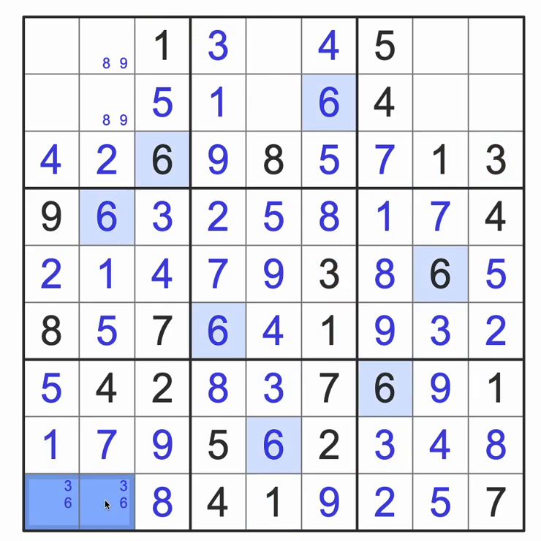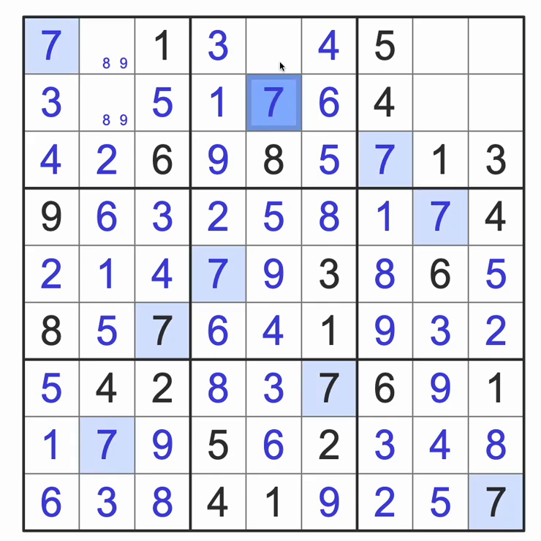These are 3 and 6, and 6 makes this cell 3, and gives me 6. These are 3 and 7, and here's 3, so this is 7, and this is 3. This 7 blocks this cell, gives me 7 here, leaves me with 2 for this cell.